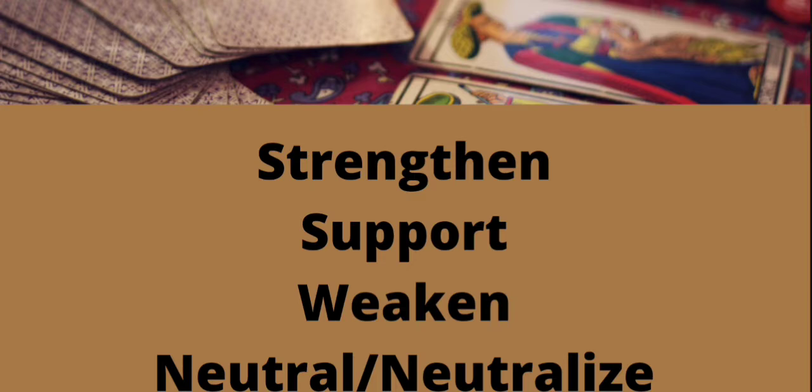Now, weakening. If you pull a card that weakens another card, that means these two cards don't get along at all. Okay? In fact, oftentimes they're described as enemies. They do not get along at all. And the card that is pulled that's weakening the other card can essentially cancel out the energy of the card that it is weakening, if that makes sense.